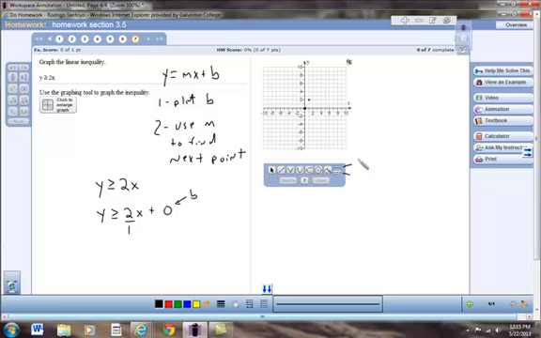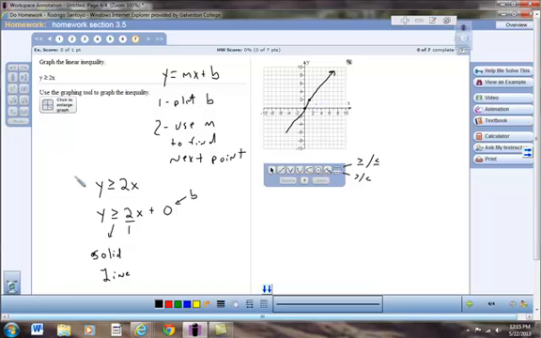Well, a solid line is used whenever your inequality has an equal sign underneath it. Your dashed line is used when there is no equal sign underneath it. So because of that, it's going to be a solid line. So we have our solid line that's going to go through these points.